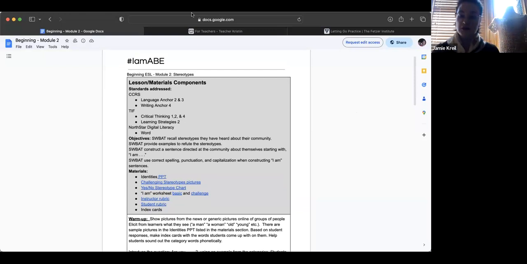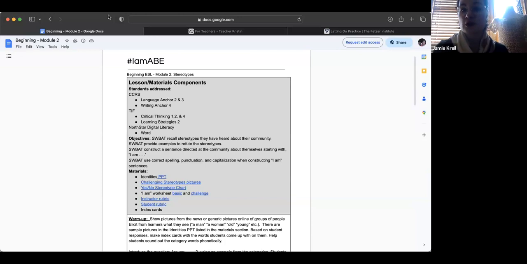And so we decided to create a lesson that helped them become aware of people's stereotypes that may be promulgated about their community, or stereotypes that they may hold themselves about others. So there's that self-awareness and social awareness component. And part of this lesson is also a self-advocacy component, where they turn those stereotypes on their heads and say, no, I am this.